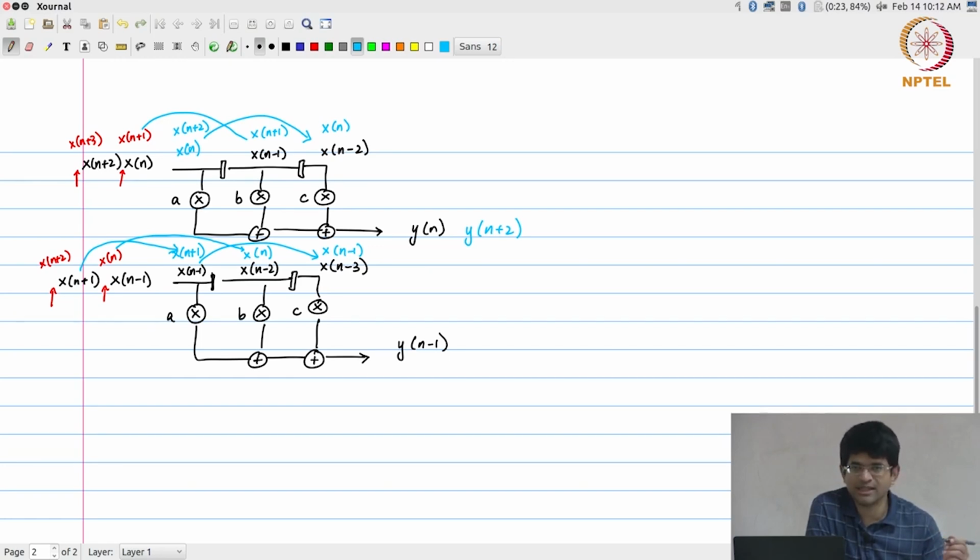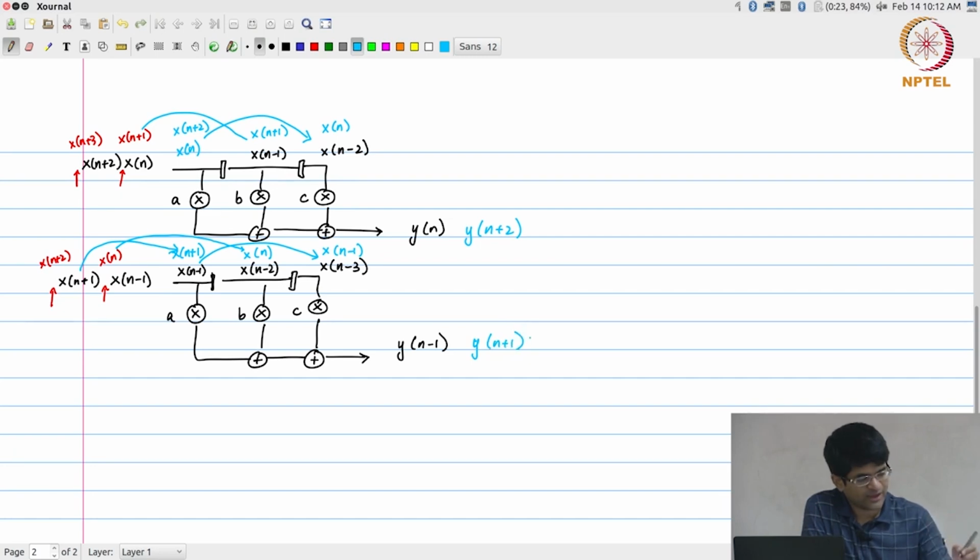Because we want to make sure that the top filter is always computing only the even values of y, and the bottom filter is computing only the odd values. I do not want the top filter to compute the odd values and throw them away. That would be a waste of computational power, right. So I essentially assume that I can skip forward by 2 steps, so that the top filter can just concentrate on computing even valued y outputs, and the bottom filter correspondingly can then compute the odd valued y outputs.